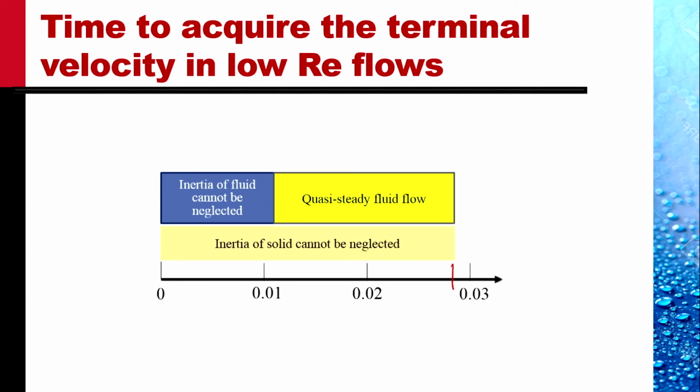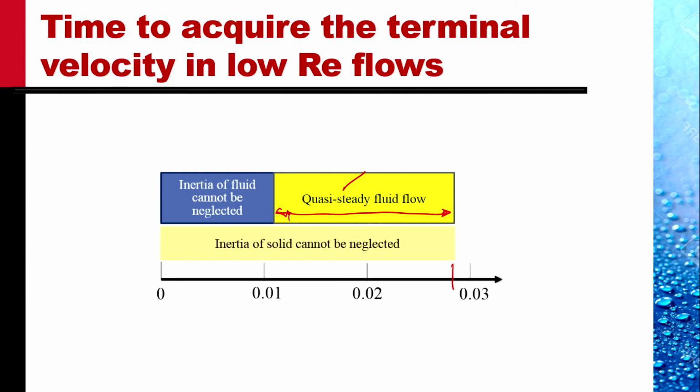So over this time, we can neglect the inertia of the fluid, but cannot neglect the inertia of the solid. That is, the sphere is still accelerating during this time, but the motion of the fluid can be considered to be quasi-steady.